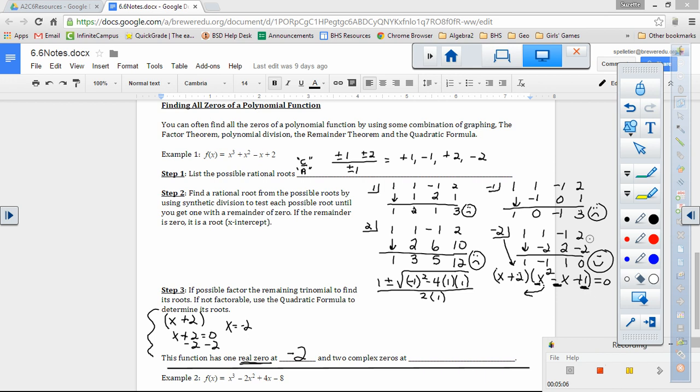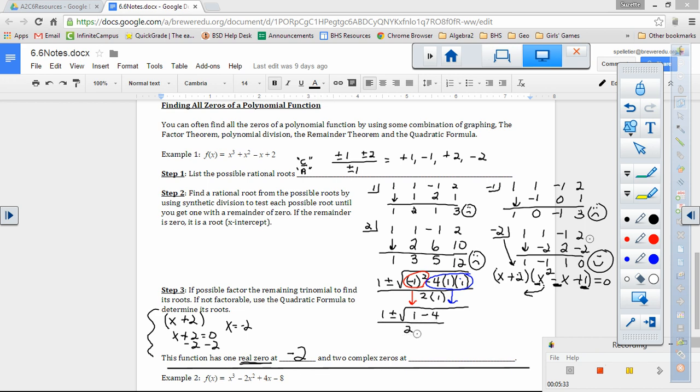So I'm just plugging them into the quadratic formula, okay? I ask my students to do negative 1 squared, drop it down, and then to do negative 4 times 1 times 1 and drop it down. So I have 1 plus or minus the square root of negative 1 times negative 1 is positive 1, negative 4 times 1 is negative 4.